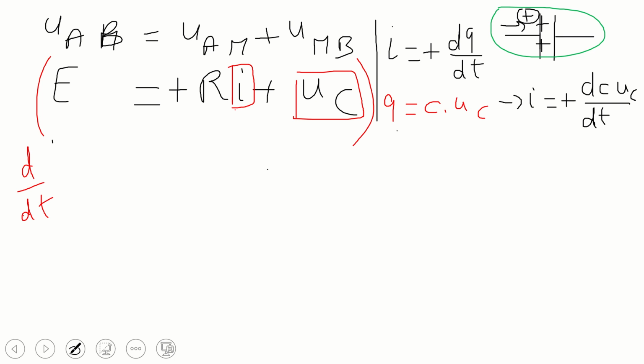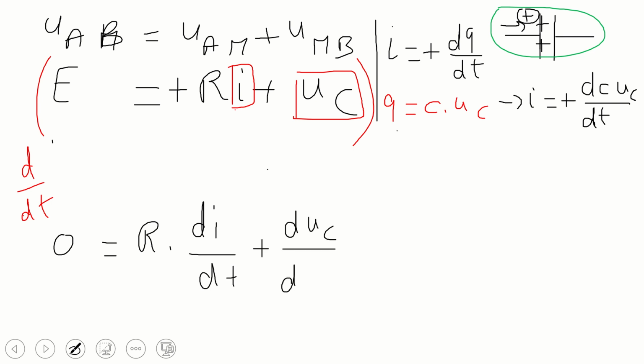Deriving E with respect to time, since it is a constant, we obtain 0 equals R, a constant, times derivative of I with respect to time, plus derivative of UC with respect to time. As the first order differential equation consists of a variable and its derivative, here we have the derivative of I, but we need to find I, the variable itself.